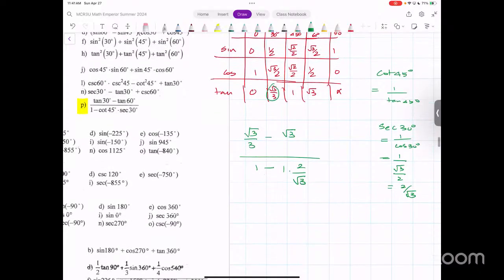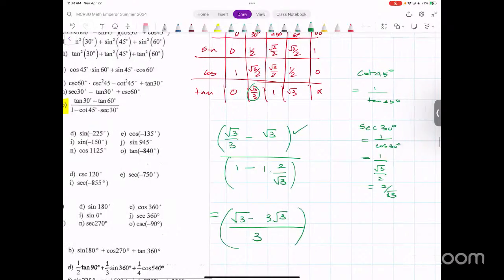Now we have to simplify. You cannot leave it like that. So there's a numerator, there's a denominator. So it's root 3 minus 3 times root 3 over 3. So that is me simplifying my numerator. Now let's do this: divided by root 3, is the least common multiple. So that is going to be root 3 minus 2. Because this is a division sign, I'm dividing.